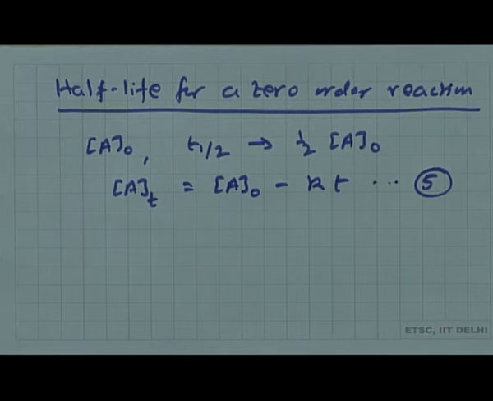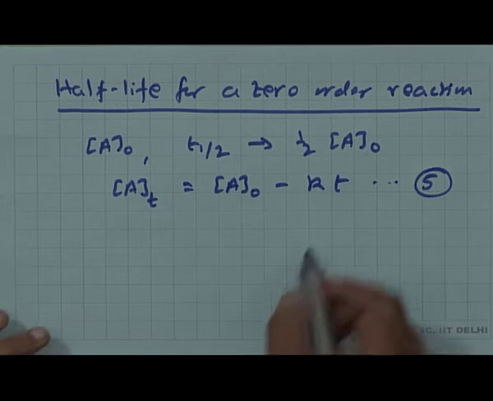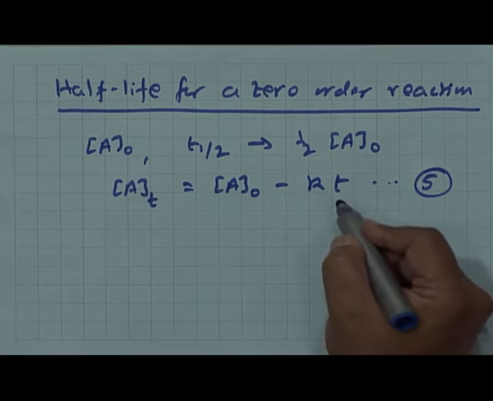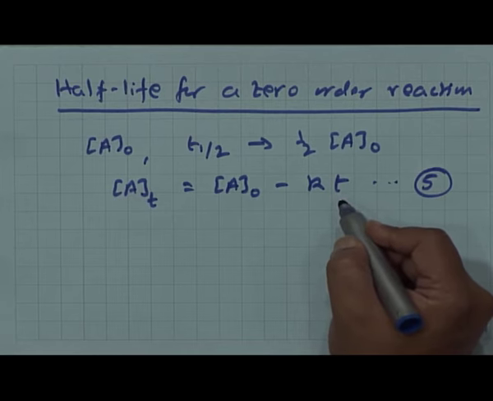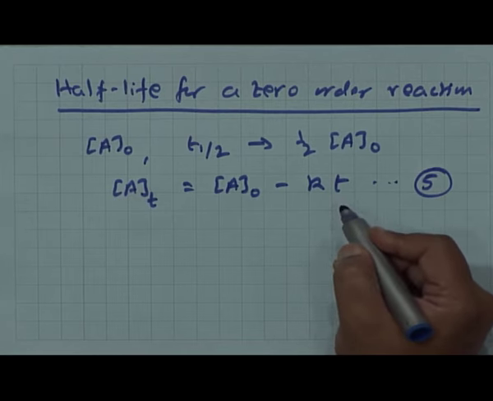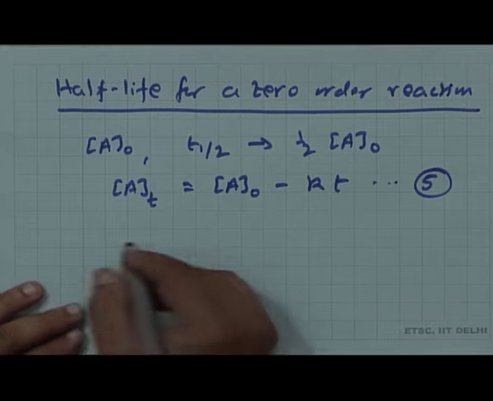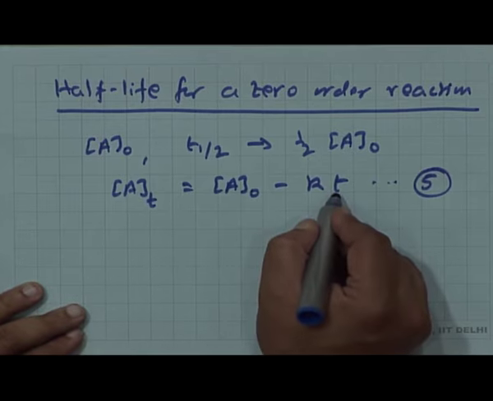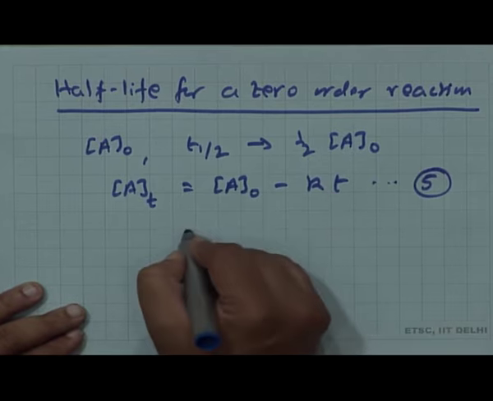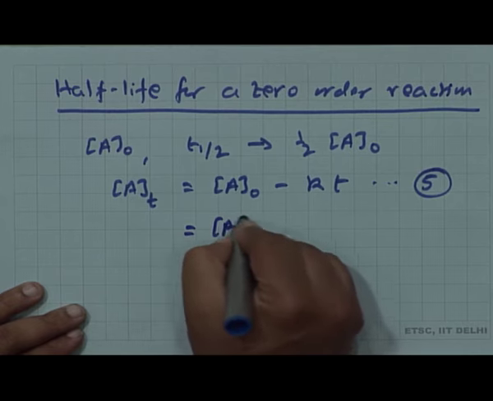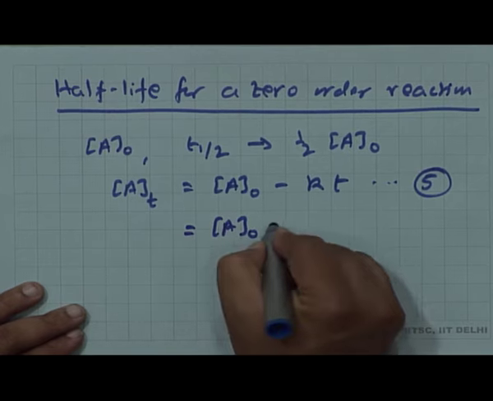So, now what happens at t half? If this t is now t half, because I am trying to figure out the expression for half life from this rate equation, then at t is equal to t half, A naught remains the same, as it is always my initial concentration.